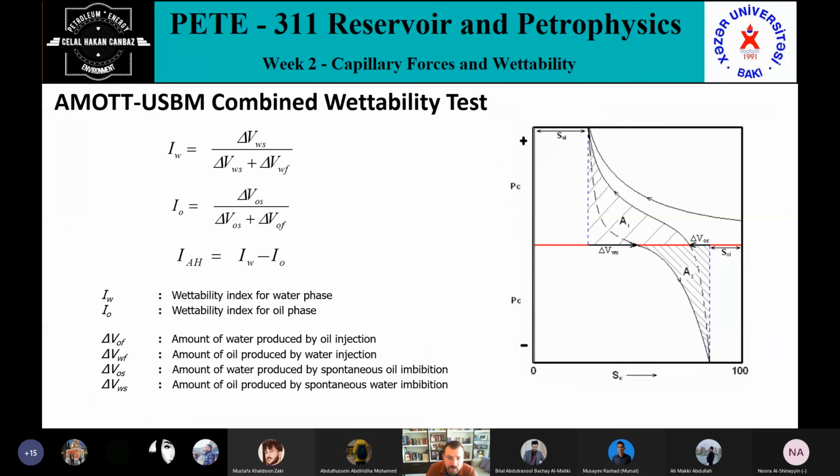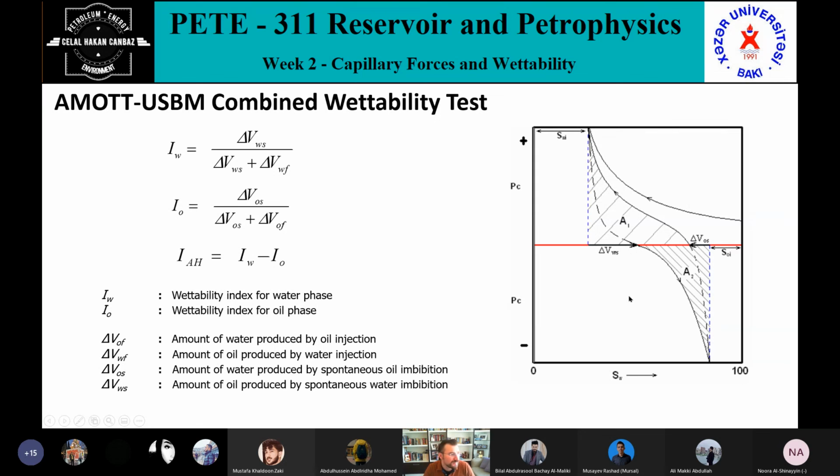There is another method called the Amott-USBM combined wettability test. In this case, you start again by 100% saturation of water, and displace. You make your forced displacement, and then you record your values.